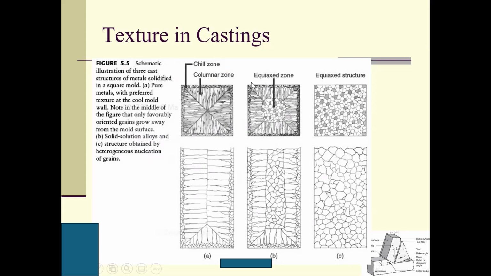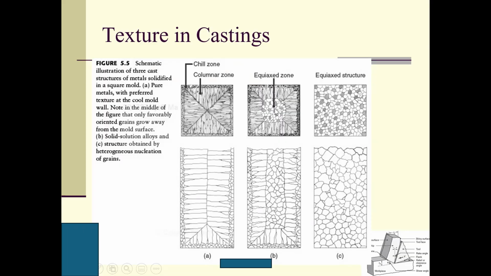Because the cooling rate near the mold wall is the highest. And in the center, the point of interest is away from the wall, inside, and the cooling rate is smaller.